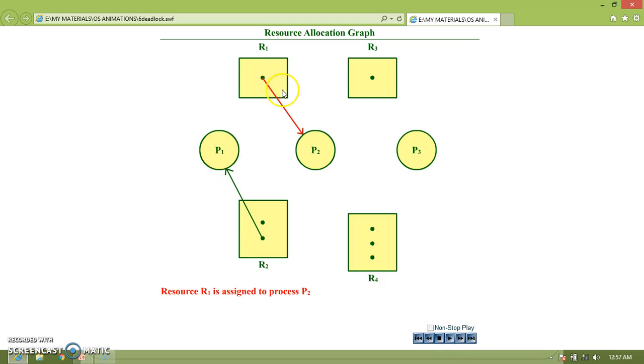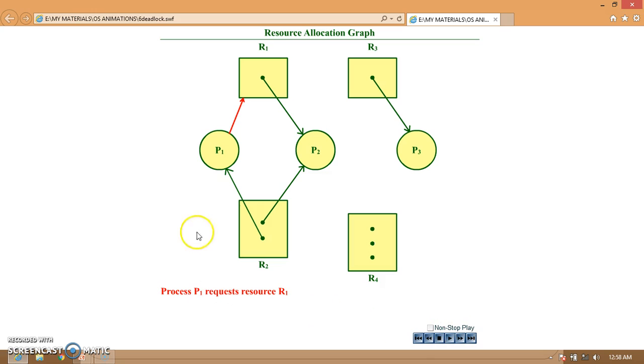Next, resource R1 has been assigned to process P2. Resource R3 has been assigned to process P3. Now R2 is multi-instance, two instances are there for resource R2, that's why it can be assigned to two processes. First it has been assigned to process P1 and now it has been assigned to process P2.